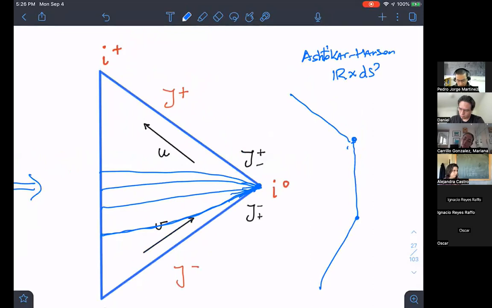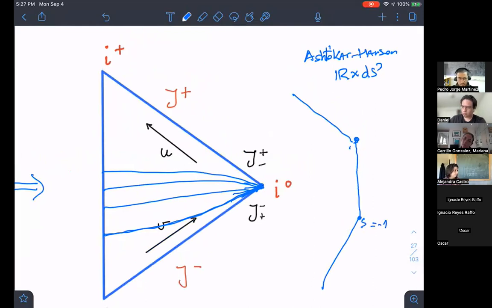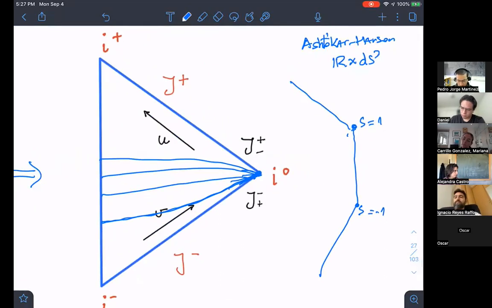So the ending points describe what we call the future of past null infinity.